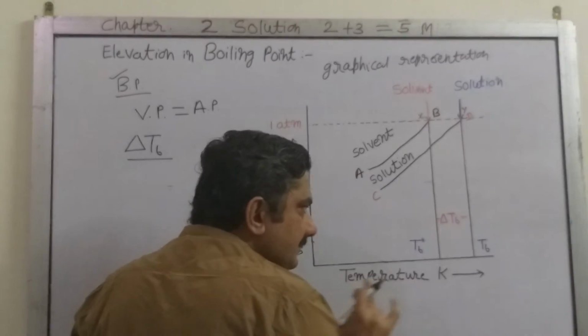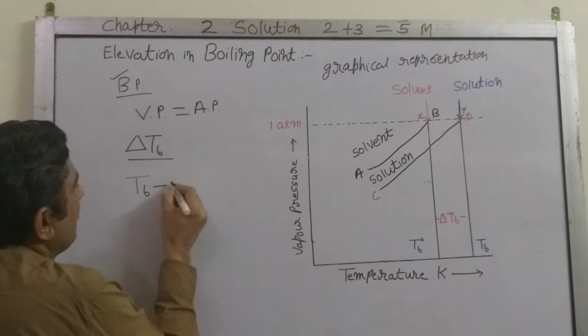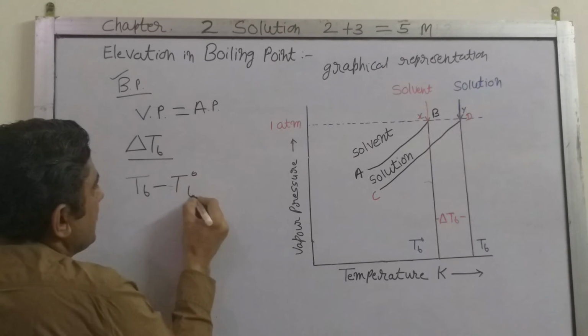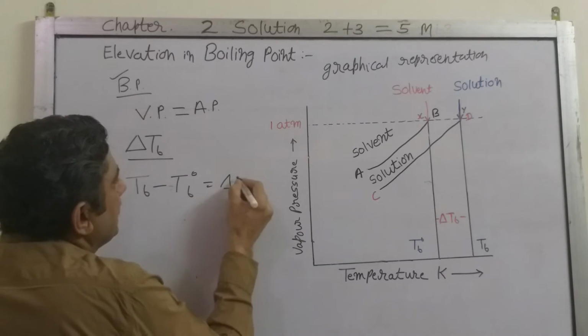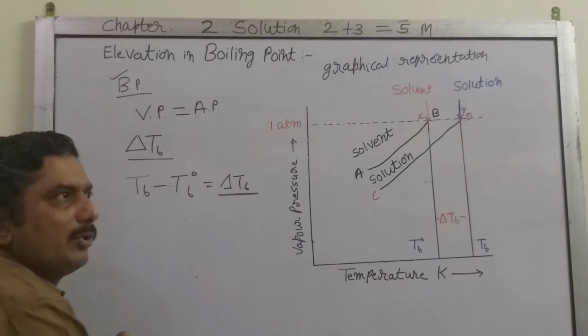The difference TB minus T naught B is called delta TB. It is called elevation in boiling point.